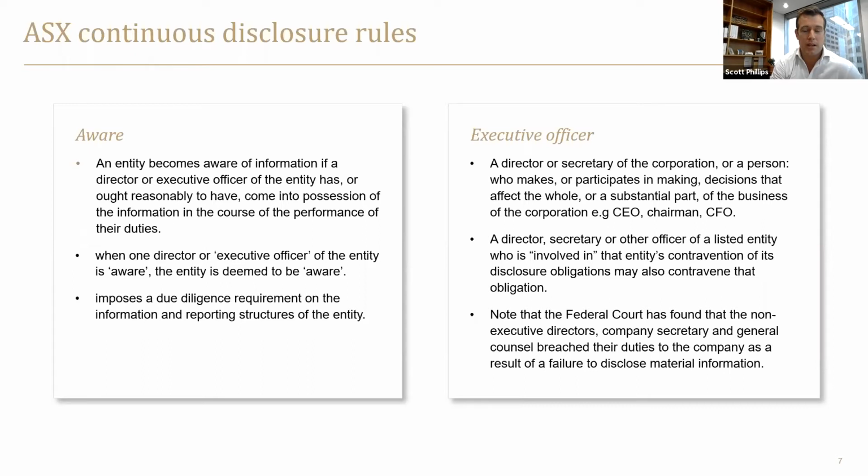But other times, like in that Nuix example, it'll be your results. And you may know what the results are going to be, but you haven't yet formed a view as to whether that's materially price sensitive, because that requires a degree of understanding or assessment or sounding of what the market expectation is.